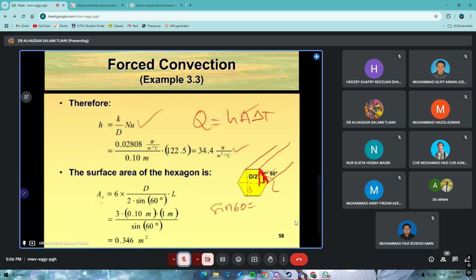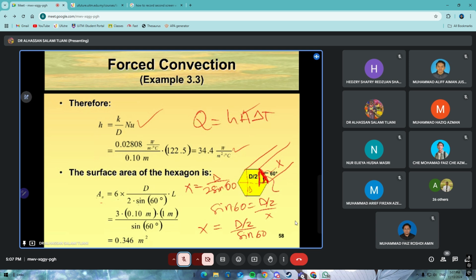So let's say the adjacent is given by x. That gives us sine 60 equals d over 2 divided by x. So now we'll have x equals d divided by 2 sine 60.